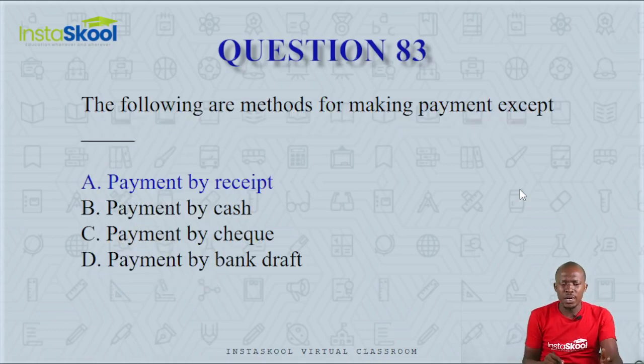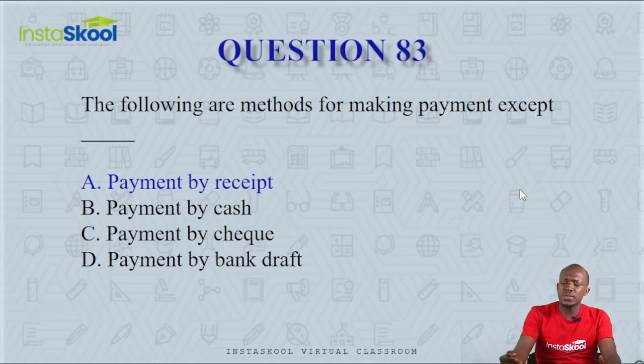Question number 83. The following are methods of making payments except payments by receipts, payments by cash, payments by check, or payments by bank drafts. When you buy products, how do you pay for it? You could either pay by cash or pay by check. You could also pay by bank drafts.